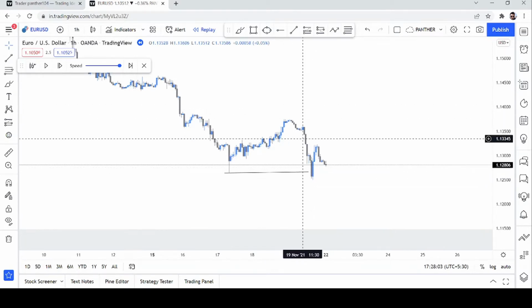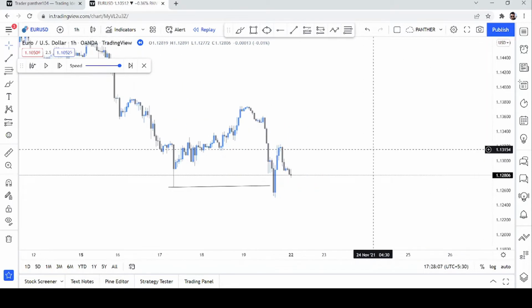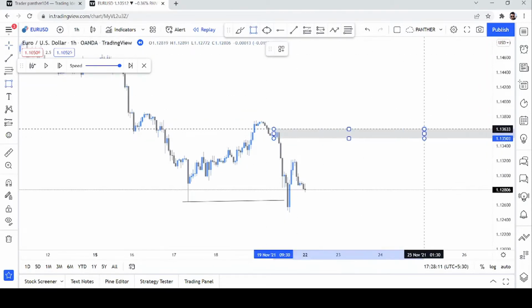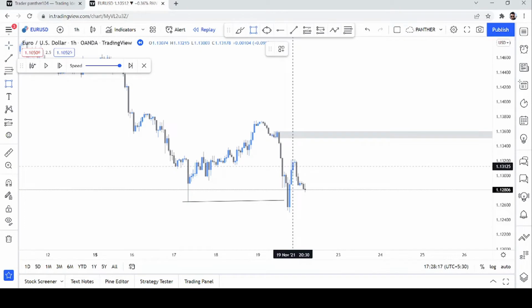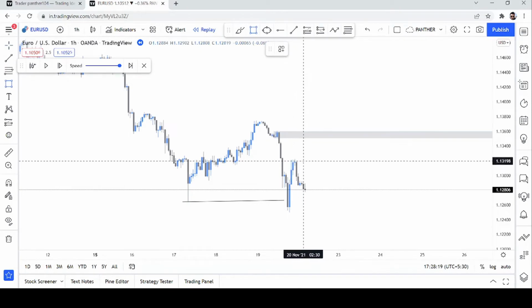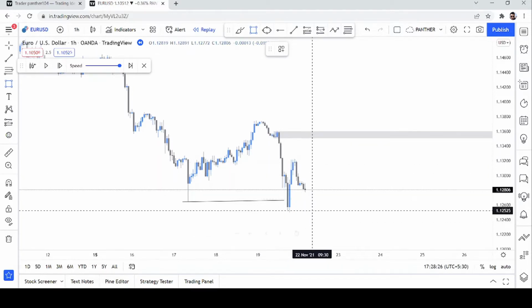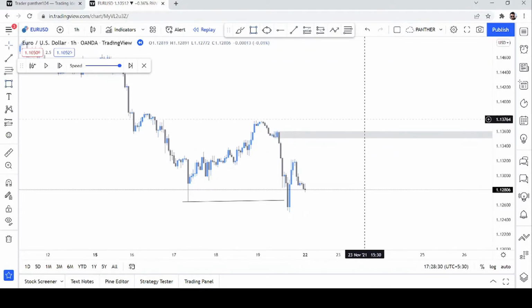So where is this break coming from? From which zone, from which supply area is it coming? Probably this. And maybe, no, let's not consider this because this did come, but this move has not broken this structure yet. So let's stick with this.